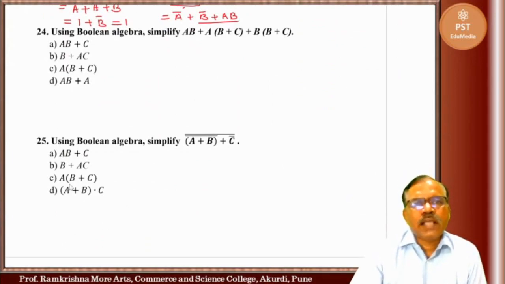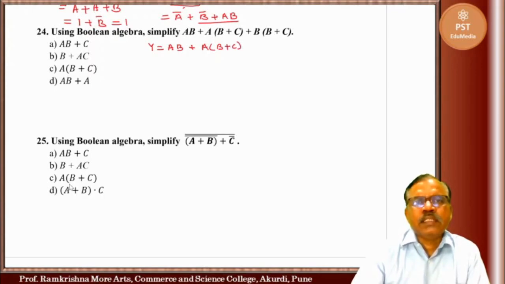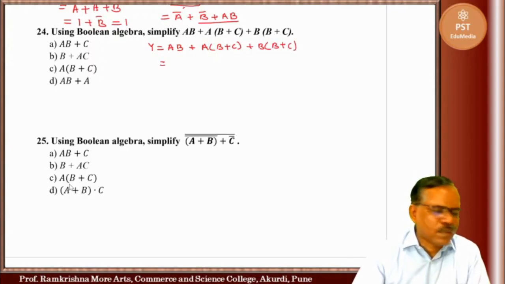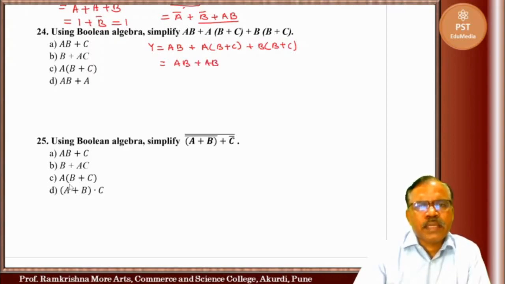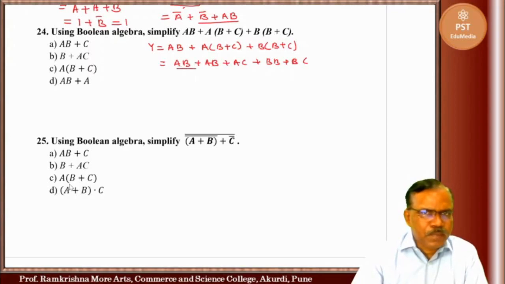So we have Y is equal to AB plus A(B plus C) plus B(B plus C). Now I can write this as AB plus AB plus AC plus BB plus BC. Now if we take AB plus AB, this gives you AB.